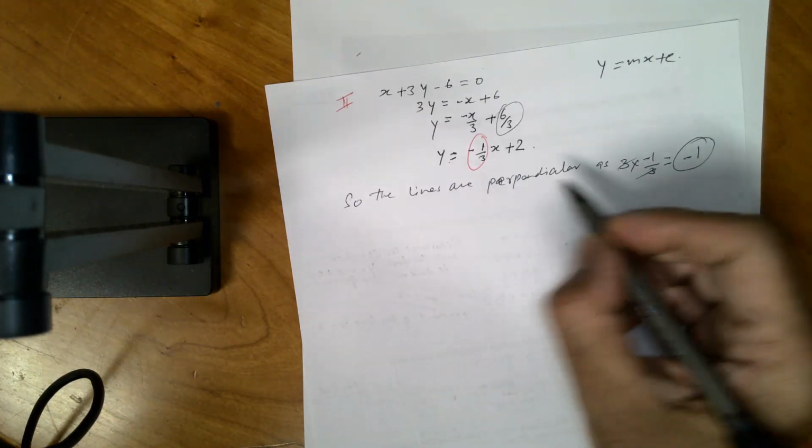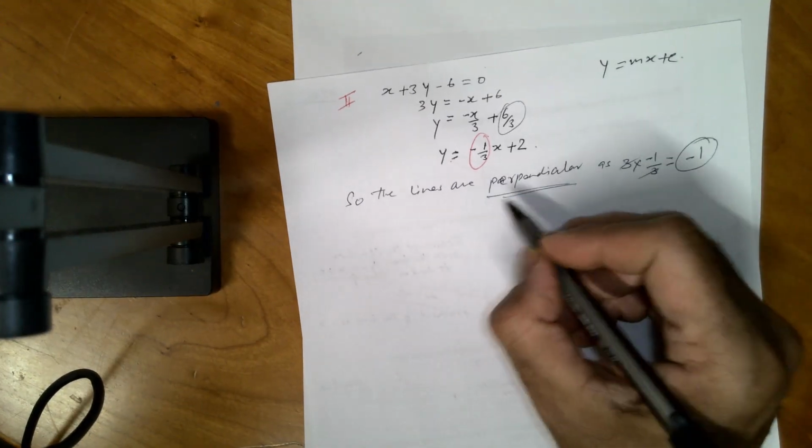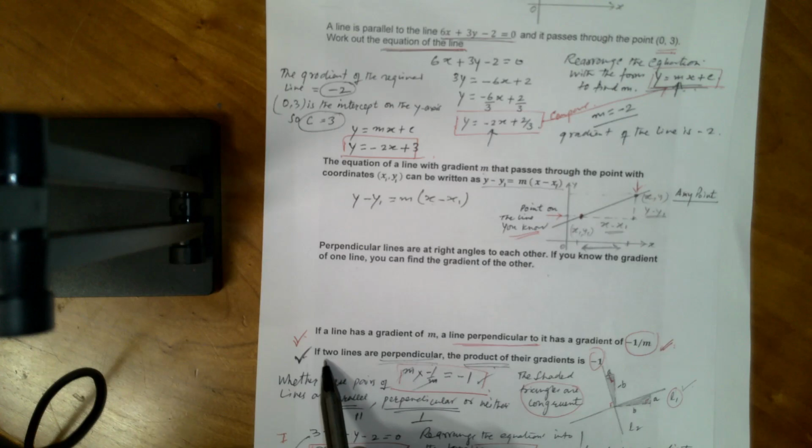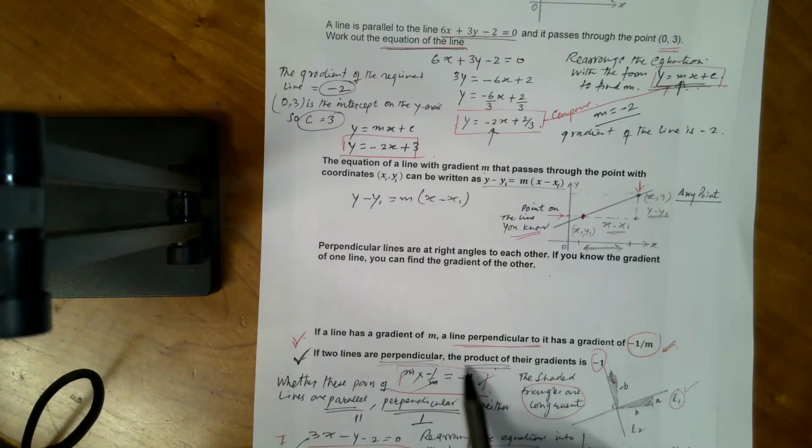So two lines are perpendicular when the product of their gradients is minus 1.